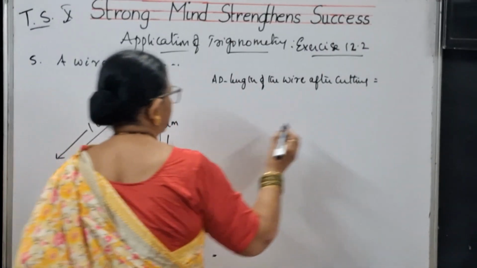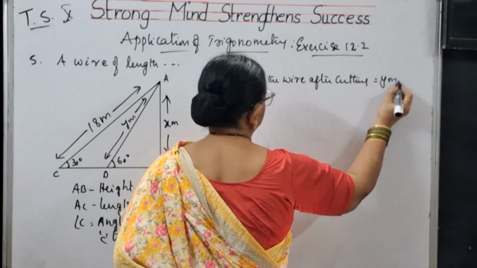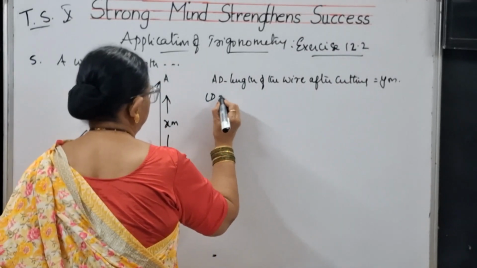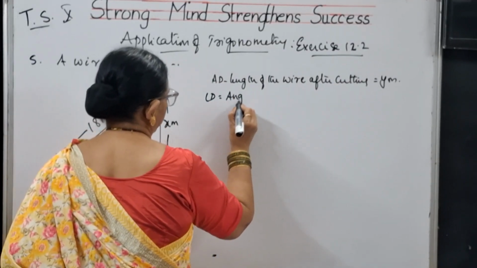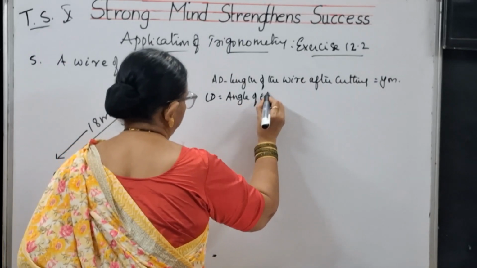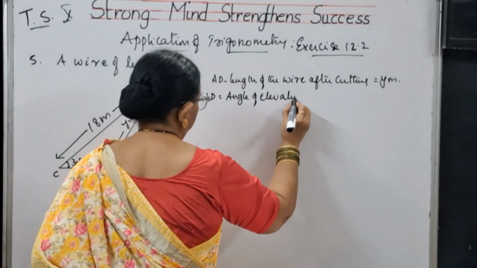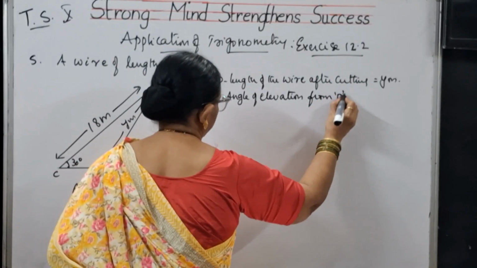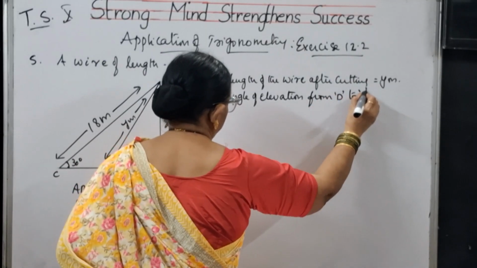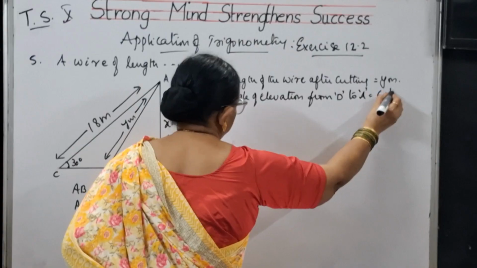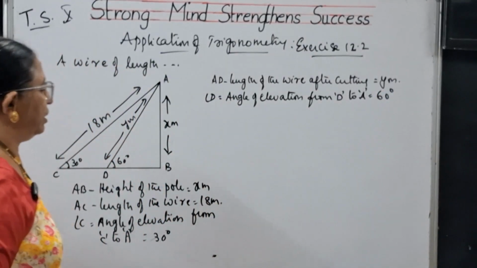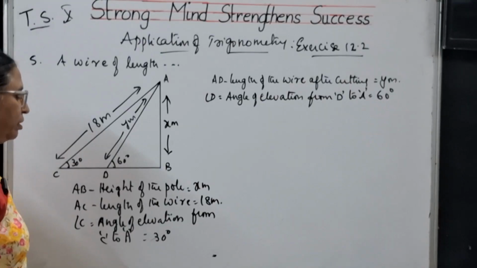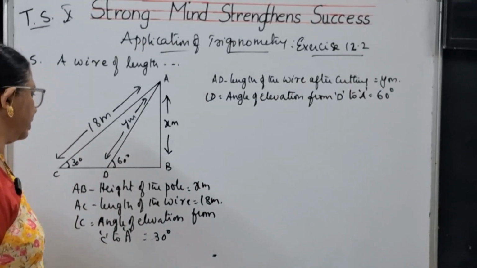We don't know what is the length. Let me call it as y meters. And angle D is angle of elevation from D to A, that is equal to 60 degrees. Now you need to find out how much length of the wire was cut.